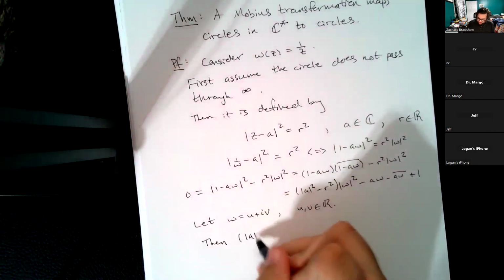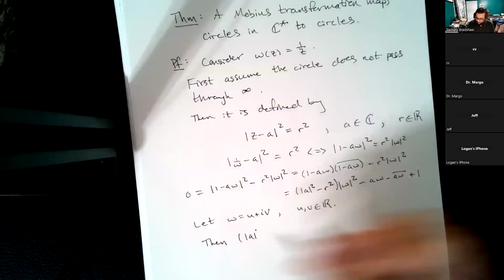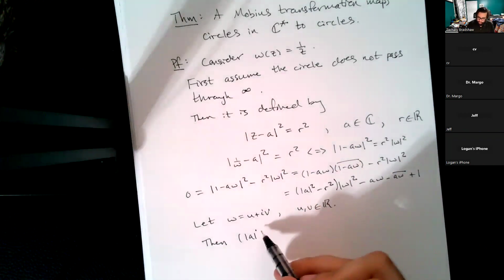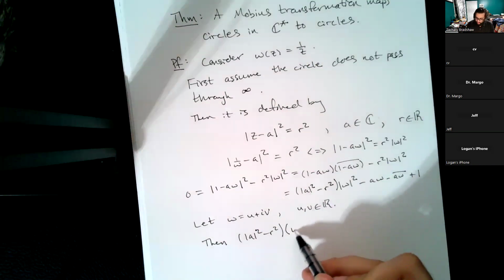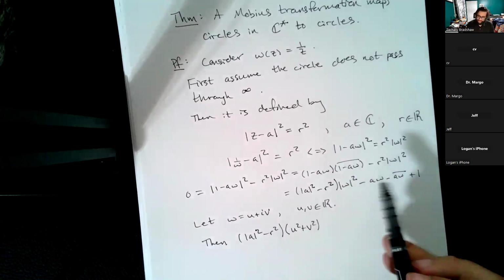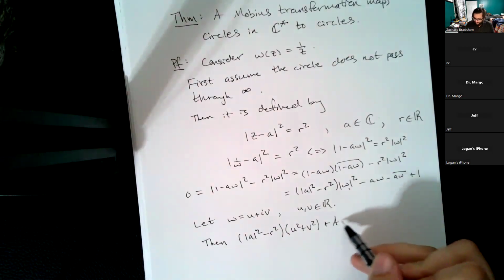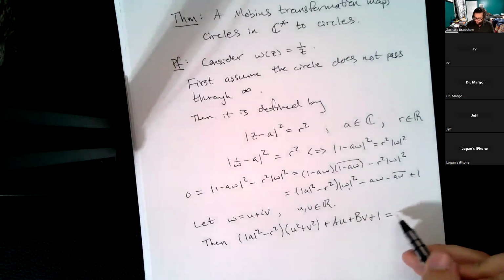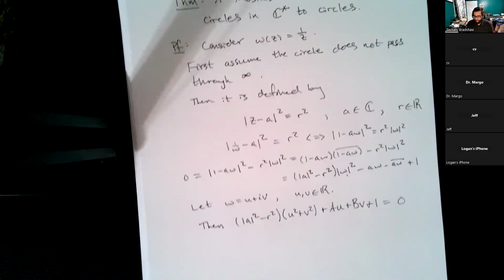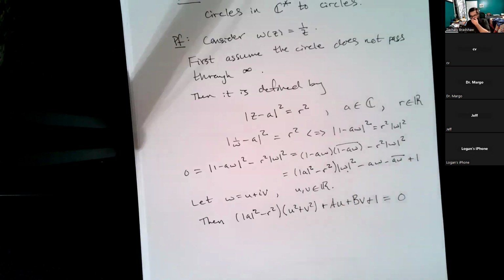Well then, this equation now transforms to modulus of a squared minus r squared, times u squared plus v squared, that's the modulus of w squared, plus some constant times u plus some constant times v plus 1 equals 0. So these constants are coming from plugging in u plus iv for the w's here.